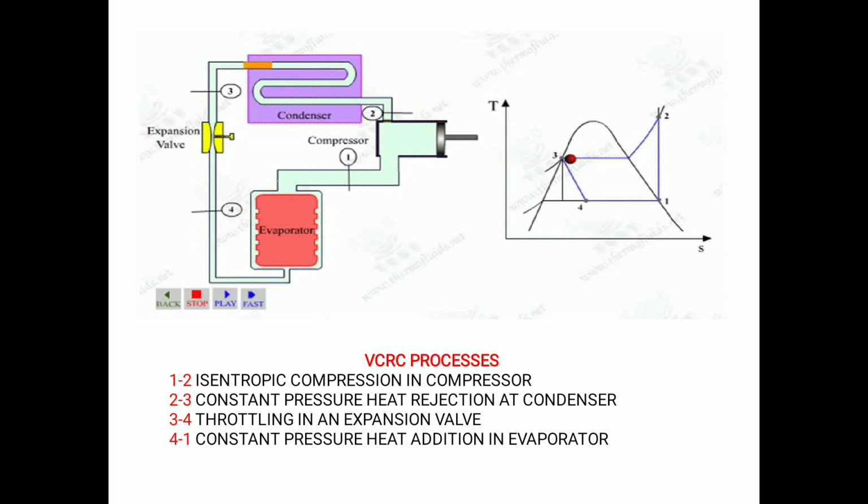So process 4 to 1 is constant pressure heat addition process in evaporator. So these are the four important processes a vapor compression refrigeration cycle consists of.